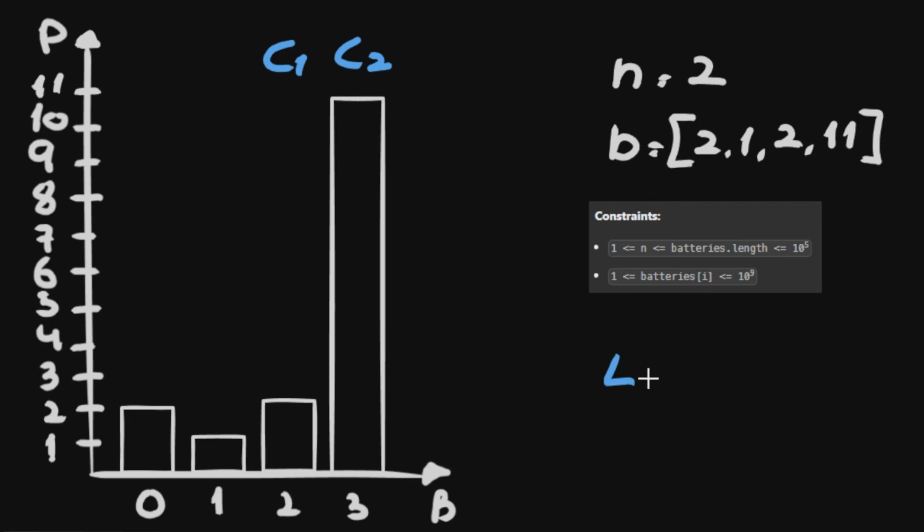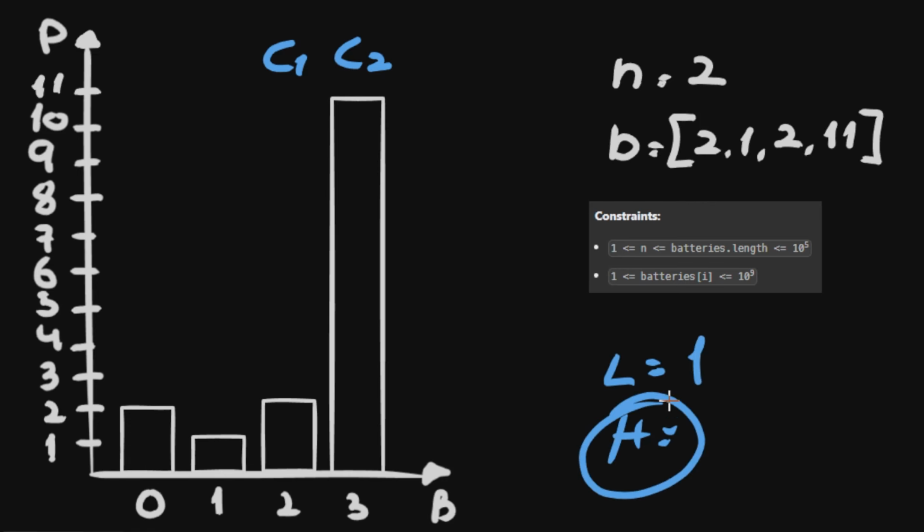And for this, for every binary search, we need a low bound and a high bound. For low, if we look at the constraints, we know that we can have at least one battery, and that battery can have at least a power of 1. So low is 1.